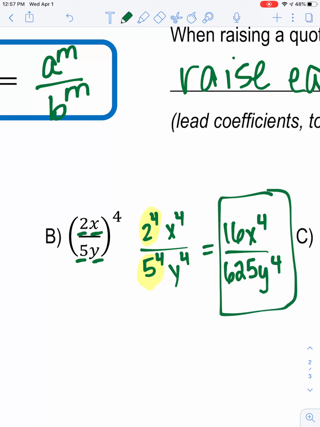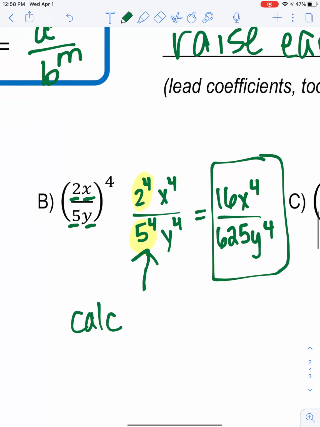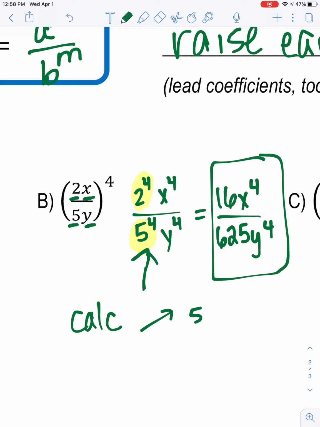Now I did mention you can use a calculator, so let's talk about that real quick. If I want to type this into the calculator, one option is 5 times 5 times 5 times 5. But there's another option. It might depend on which calculator you have, but on most calculators, it's a button that looks like this, a caret button, where you could type in your base and then the caret symbol and then the exponent.